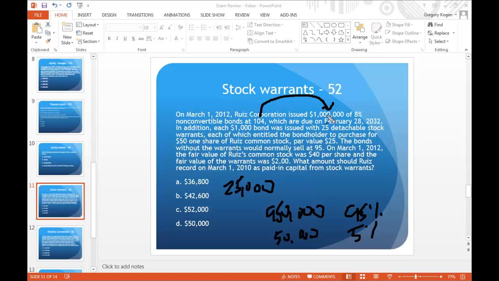So this was issued at 104, so this price was 1,000,040, right? And we apply 5% to that. That's our proportion. Okay, and what do we get? The answer comes out to be the 52, because that's the 5% of what we get.